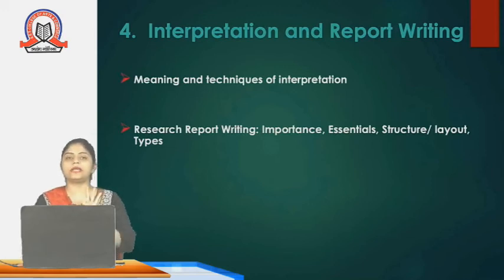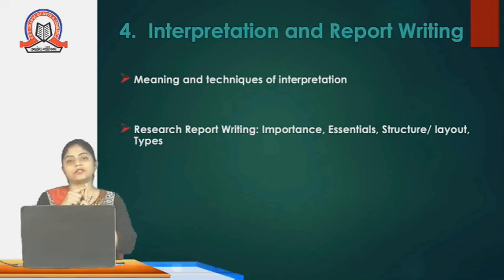Now there are 3 types of research: corporate research, academic research, social research. Corporate research we need to present to the higher authorities, top level management. Academic research we need to present to the university. The university has given the guide, so with the help of the guide, we need to present that research report to the university. And third is social research, the research which we are doing for a social cause.